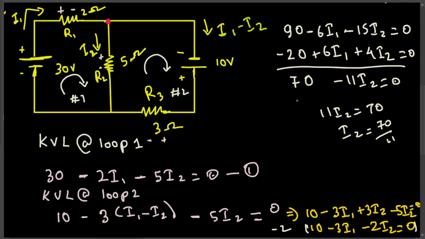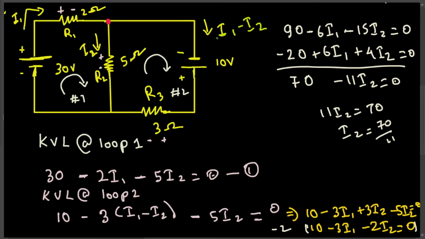Let me double check if I did everything right first. So KVL at loop 1, 30 minus... okay, and then KVL at loop 2, we have 10 minus 3i1 minus 5i2.